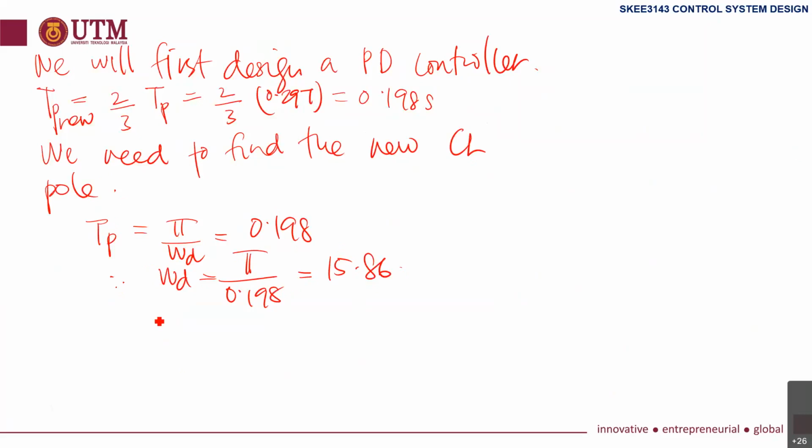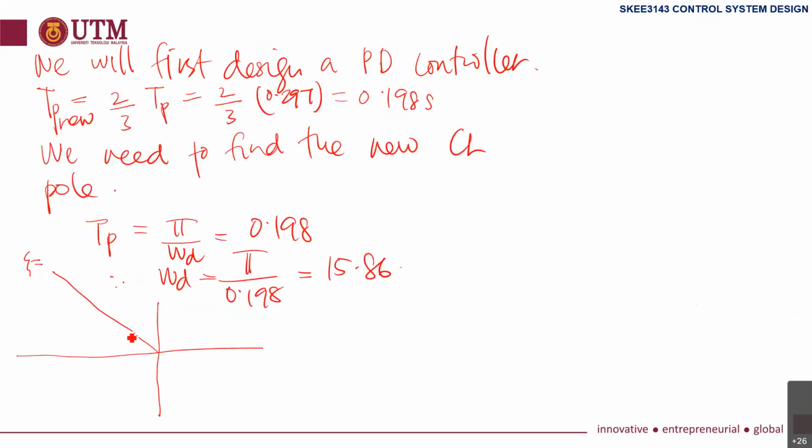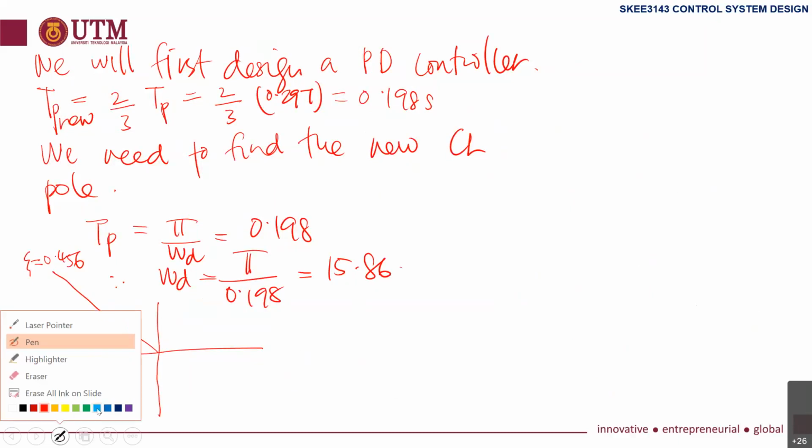We can imagine it like this. This is the zeta line. Zeta is 0.456, theta 62.9 degrees.